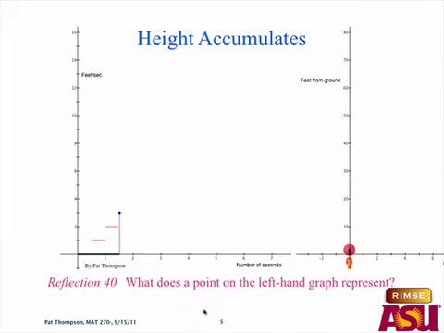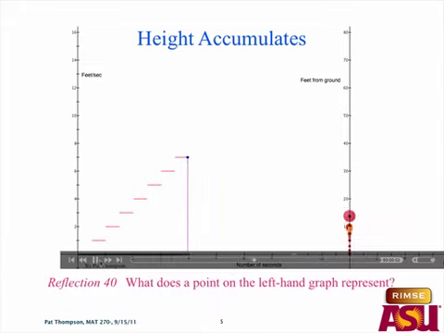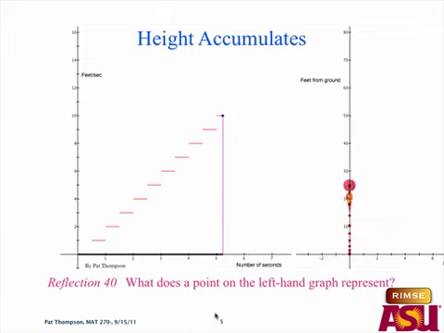Okay, so what does a point on this left-hand graph represent? What does that blue point right there represent? A point represents how many feet per second the basketball is traveling at a given time. He said how many feet per second the ball is traveling at a given time.